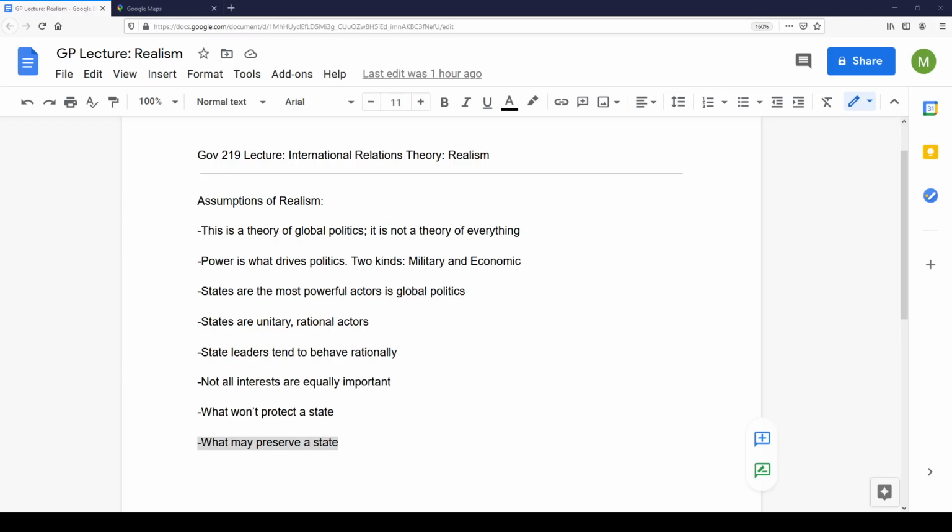So if international law and international organizations aren't going to protect you as a state, is there any way to protect yourself in this world? It has what some have referred to as the global 911 problem. In the United States right now, in an emergency, you dial 911, and there's some sort of emergency response that exists inside of a state.